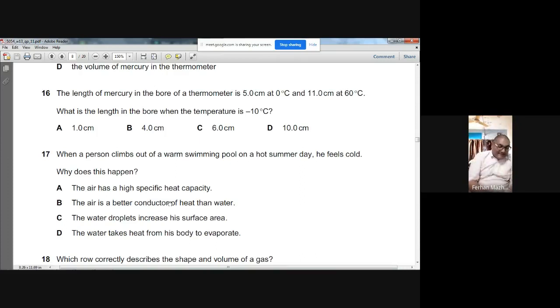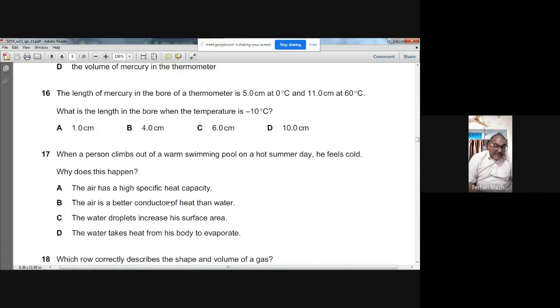L3, the length of the mercury at minus 10, we don't know. The formula is L3 minus L1 divided by L2 minus L1 equals theta 3 minus theta 1 divided by theta 2 minus theta 1. Let's suppose L3 is x. So x minus L1, that's 5.